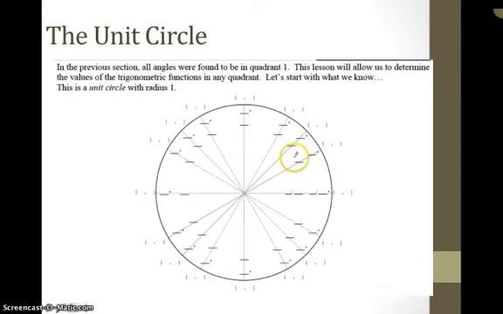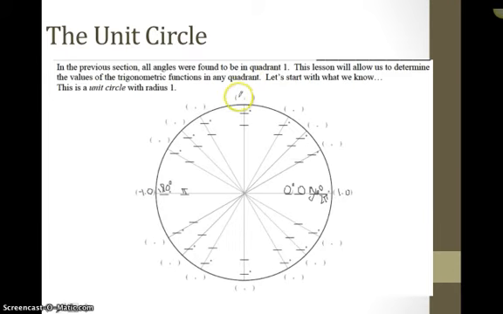So here we know that this is 0 degrees, 0 radians, or 360 degrees, or 2 pi. And this is the ordered pair (1, 0). This is pi, or 180 degrees, and the point (-1, 0).